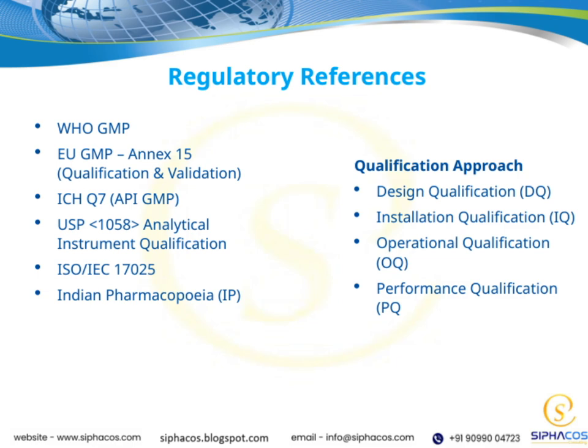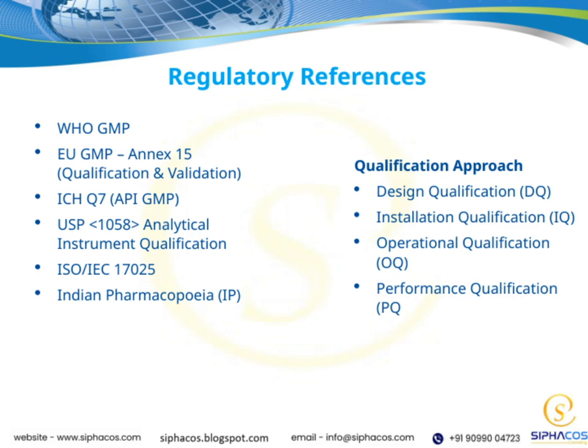Then, we move on to operational qualification, or OQ, which tests whether the equipment functions properly under normal operating conditions. Following that is performance qualification, or PQ, where we demonstrate that the equipment performs consistently and reliably over time. It's important to note that these qualification steps are guided by various regulatory references.